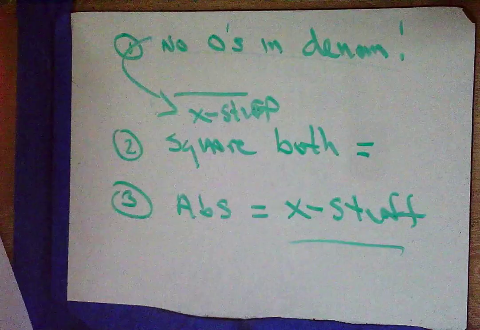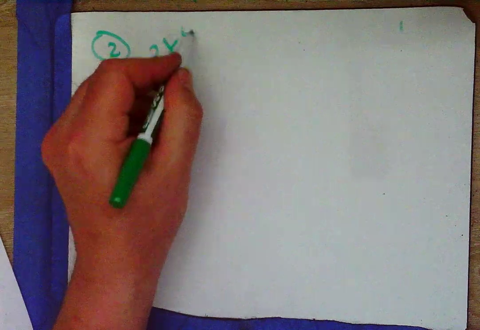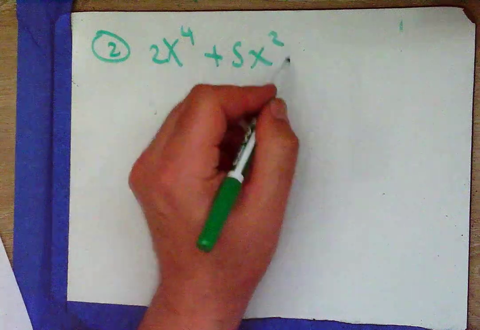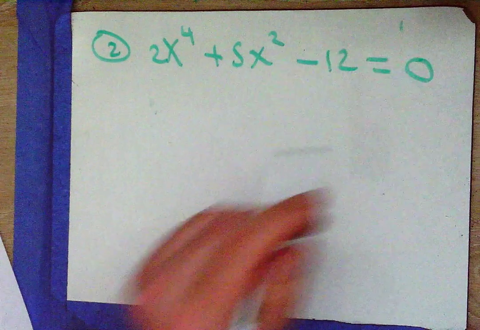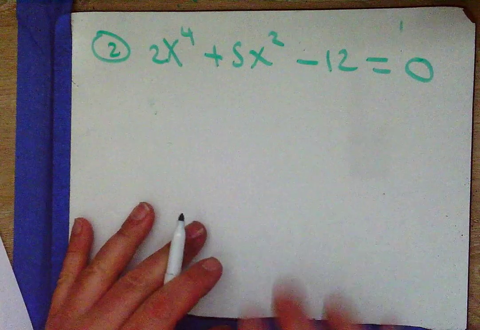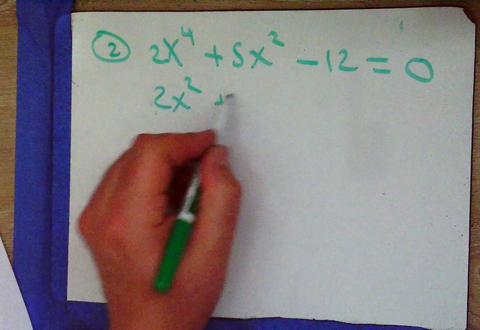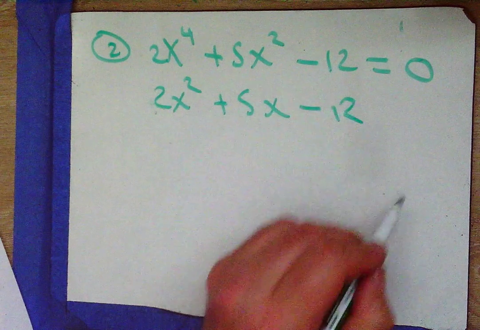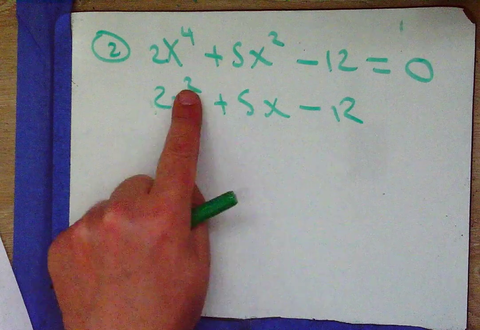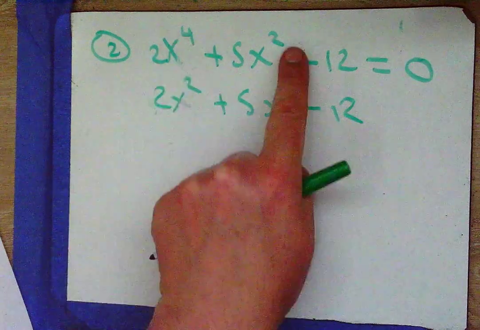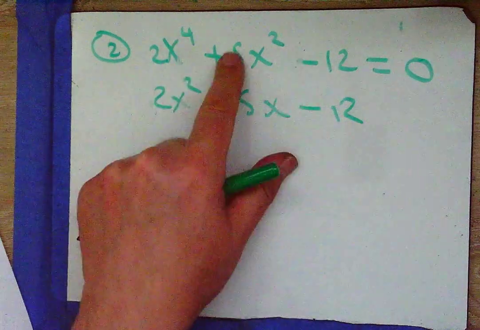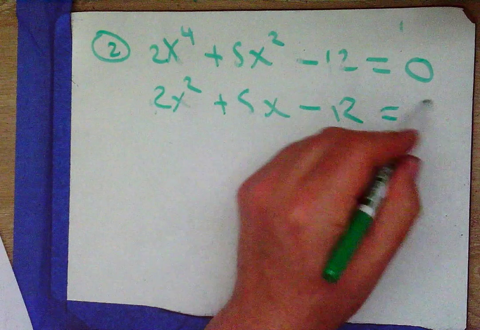But that's not what we have here. What we have here in problem number 2 is 2x to the 4th plus 5x squared minus 12 equals 0. So, hey, this looks a lot like problem number 1 with 2x squared plus 5x minus 12. This is twice this power, this is twice this power, and 2 and 5 and negative 12.